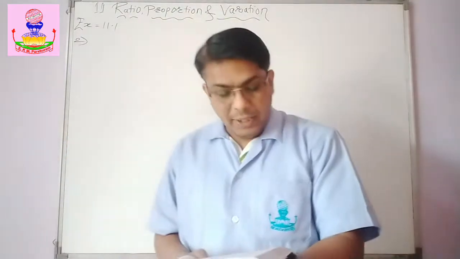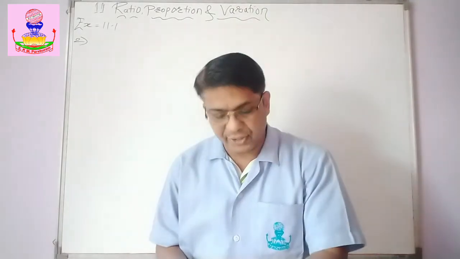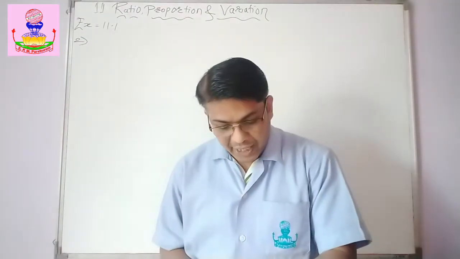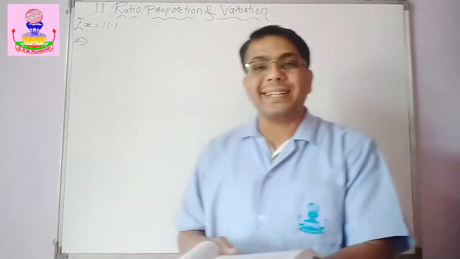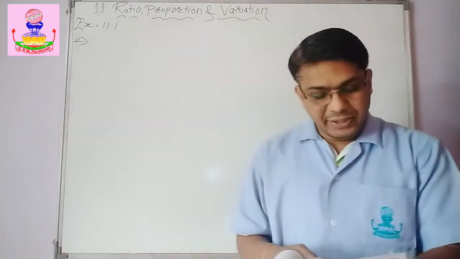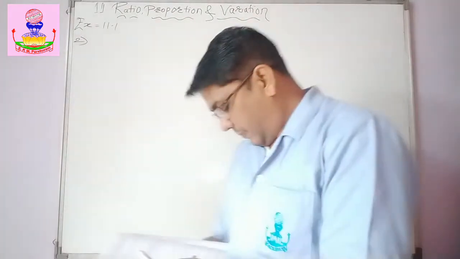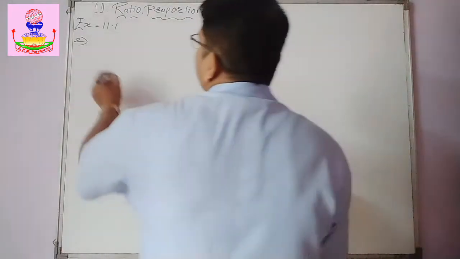Now see the second example. Ages of Sonal and Komal are in the ratio of 6:5. They are present ages. And if 6 years before, the age of Sonal was 30 years, find the age of Komal 5 years hence. So see here, one thing is given, 6 years before.